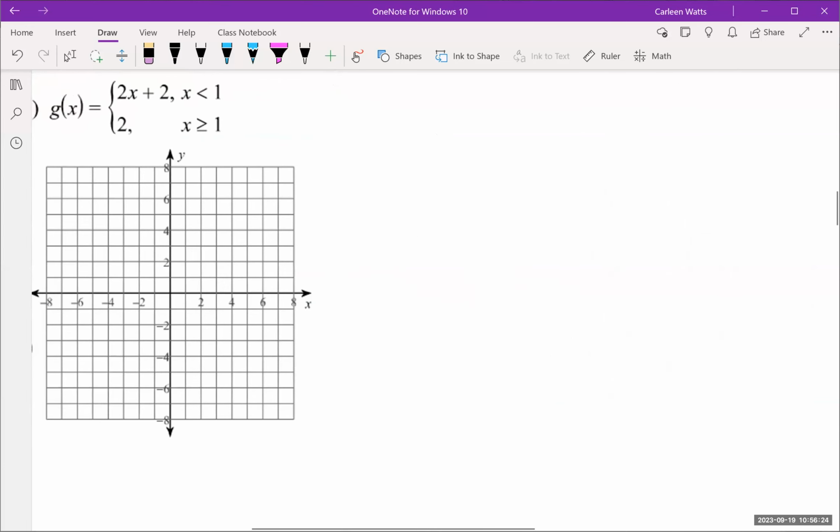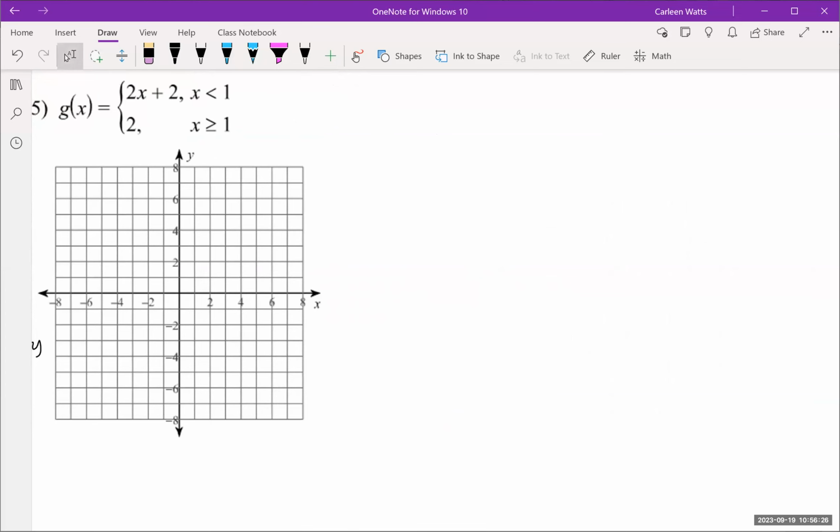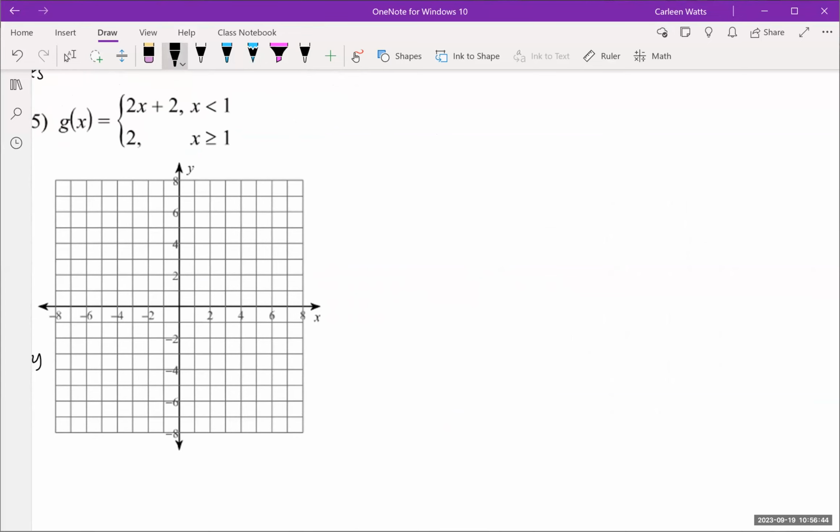Let's do another one. Very similar, just like the first one. Piecewise function. So we have two equations.